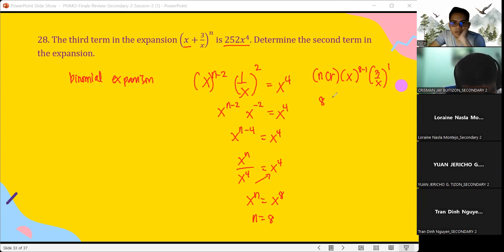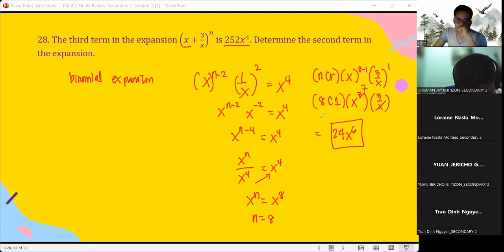It's 8. So 8C1, then x to the 7, and then this is 3 over x. So cancel. 8C1 is 8, times 3 is 24, x to the 6. So this is the answer.